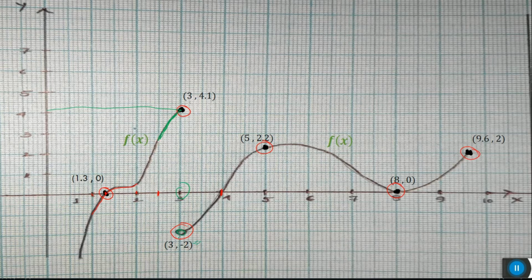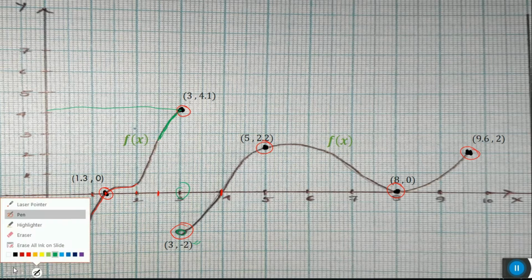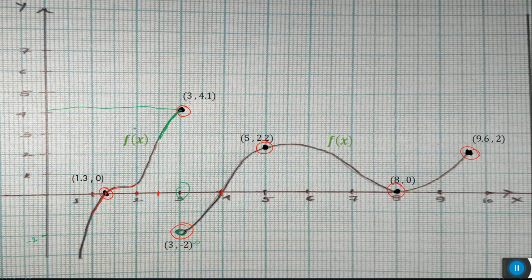I have written this point at x equals 3, it will be minus 2 according to this, but you can see this is an open circle, so that means there is no value. So at x equals 3, there is no value here. So the function becomes discontinuous at the point 3. You can see there's a break.